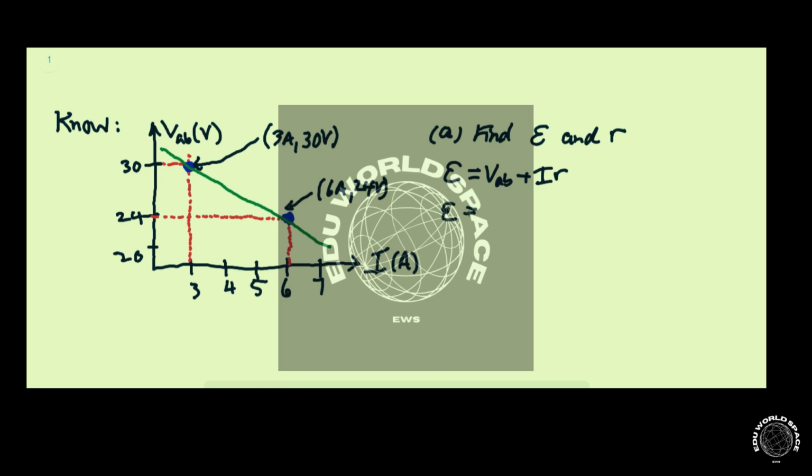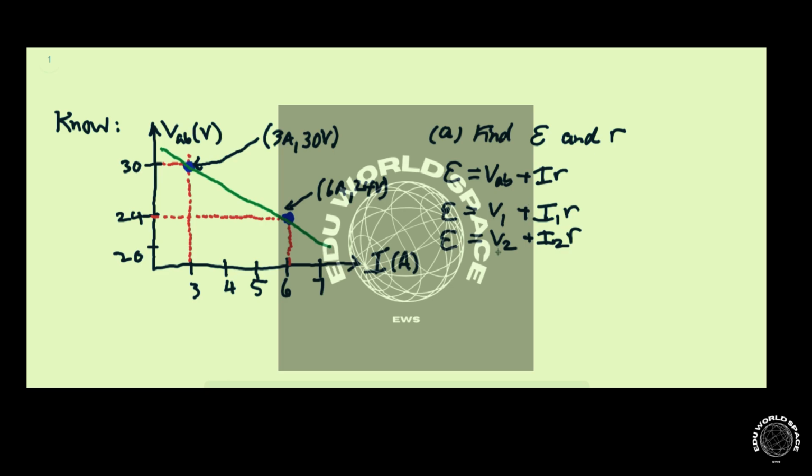So the EMF is not changing, and let's call some V on this graph V1 and a corresponding I1, and of course the internal resistance doesn't change. And then again, write down the second equation, V2 plus I2R. So now we have two equations and two unknowns.